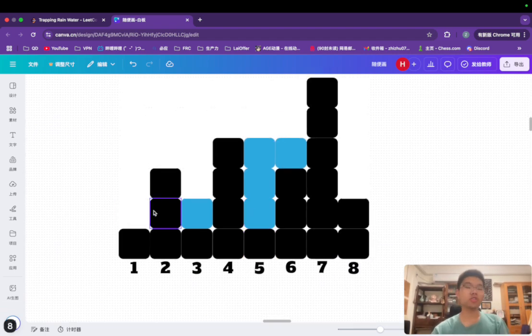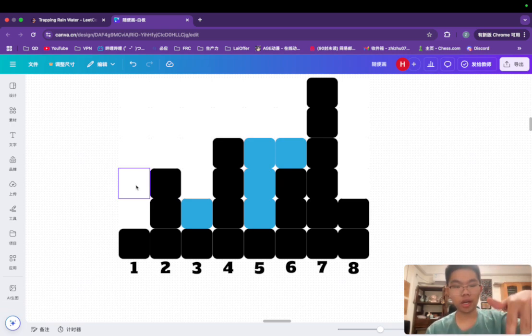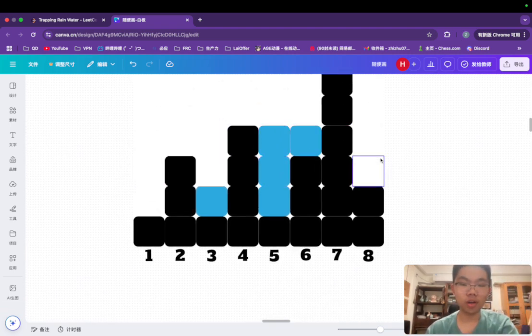So actually, for each position, the amount of water it can trap is determined by the highest one on its right side and the highest one on its left side. We want to find the smaller one between these two highest values, and compare it with the value at this position.